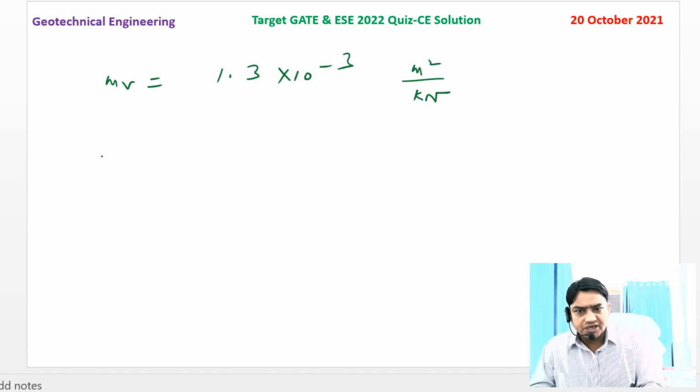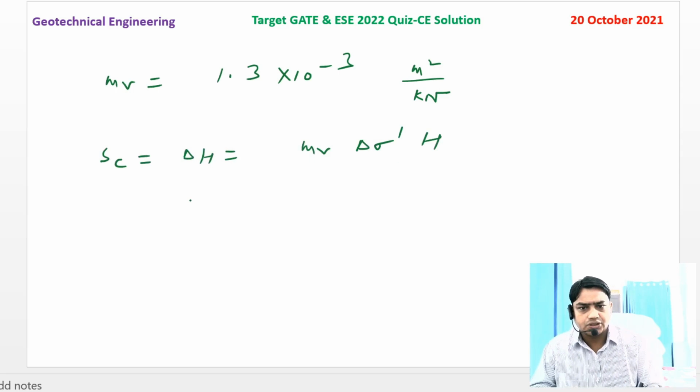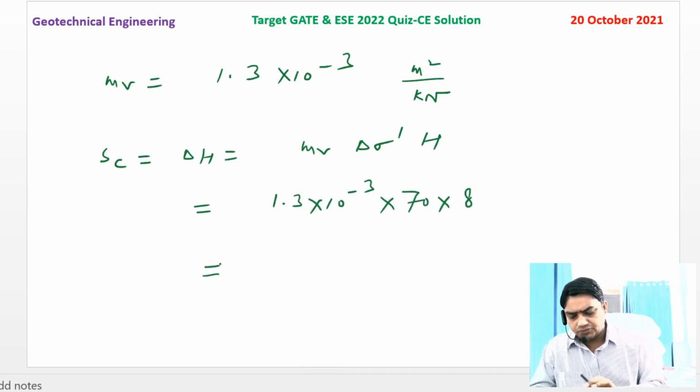The consolidation settlement, SC or delta H, is equal to MV into delta sigma dash into H. MV is 1.3 into 10 to the power minus 3, delta sigma dash is given in the question as 70 kilonewton per meter square, and the thickness of the clay layer H is 8.